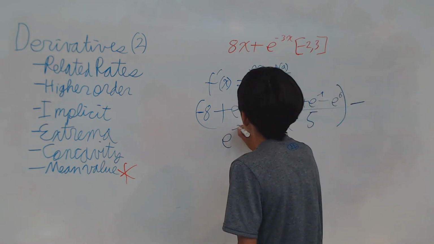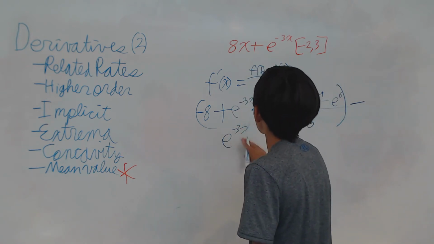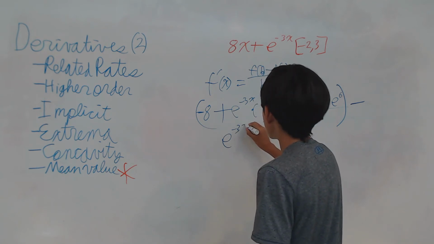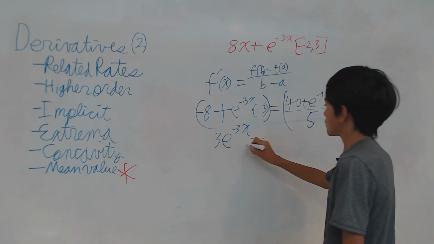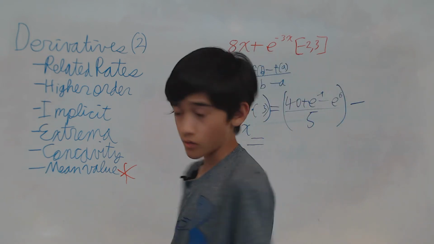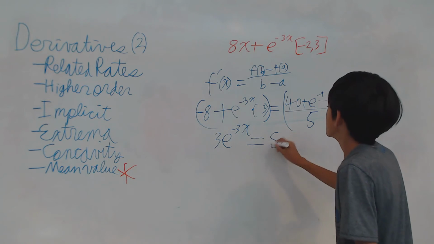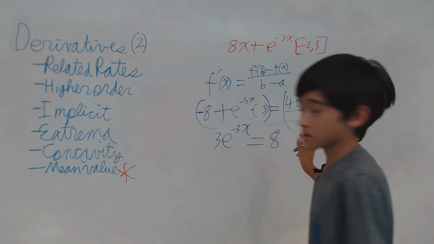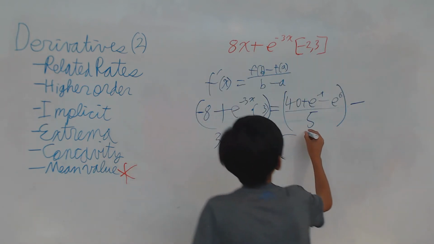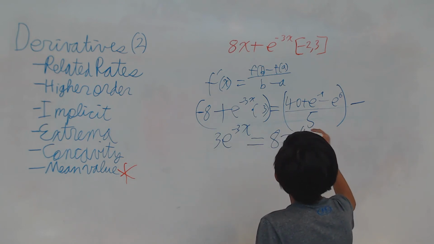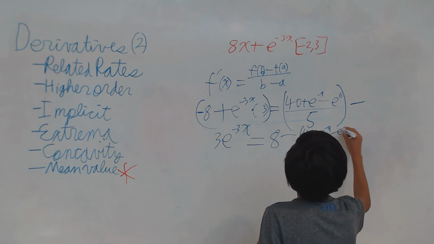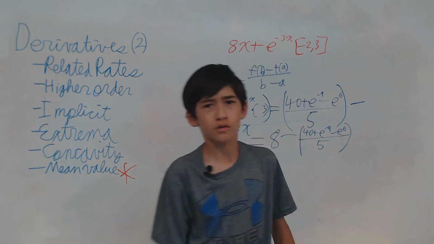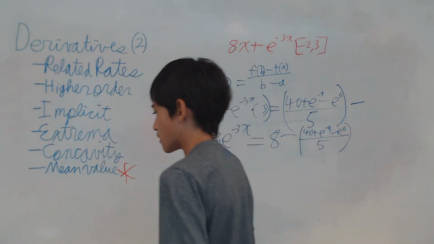So 3 e to the negative 3c equals, we can move the 8 over, so it'll be 8. Now this has a minus sign on it, so it'll be 8 minus the expression. I'm just going to call that thing expression for now until we're done evaluating it.